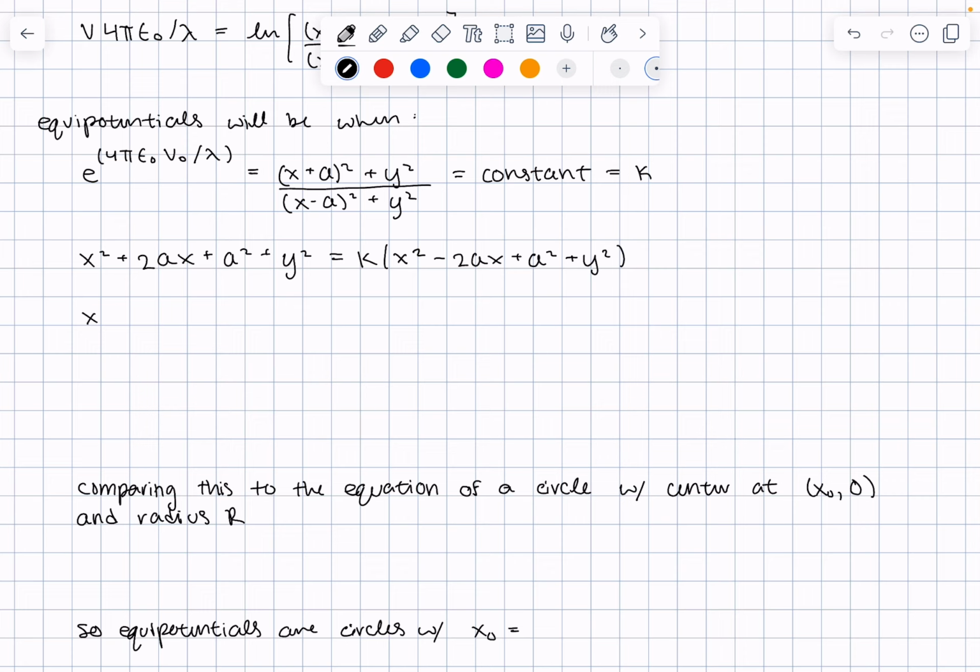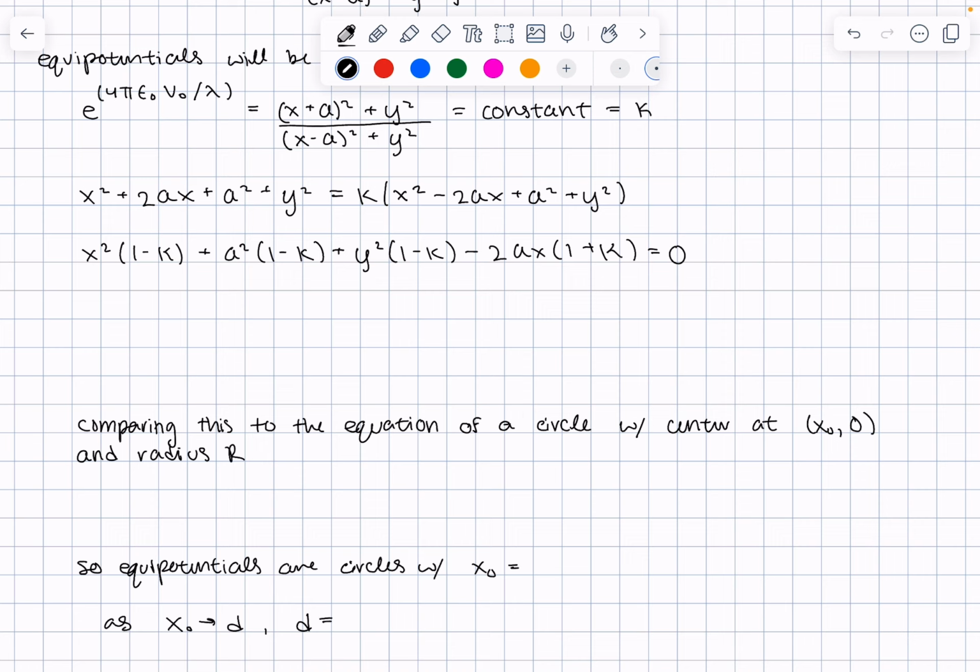And then we can pull out our 1 minus k by taking both of these equations on the same side and setting them equal to 0. So we'll have x squared times 1 minus k plus a squared times 1 minus k plus y squared times 1 minus k minus 2ax times 1 plus k, and that's equal to 0.